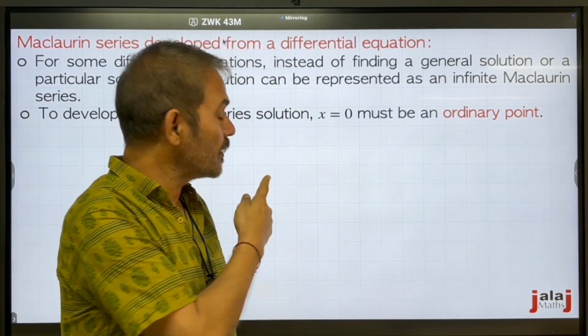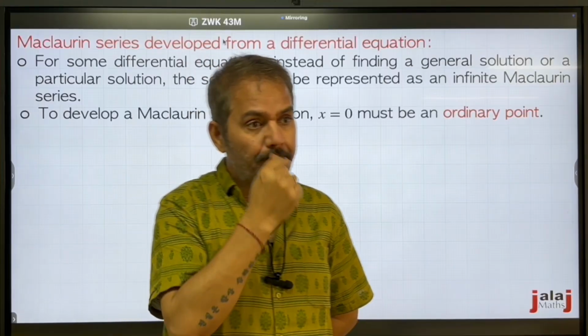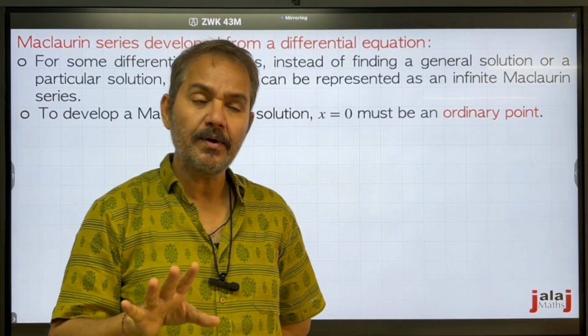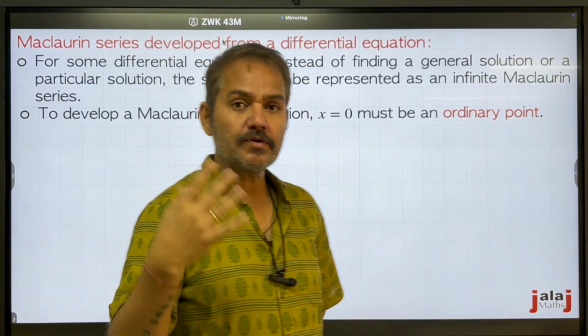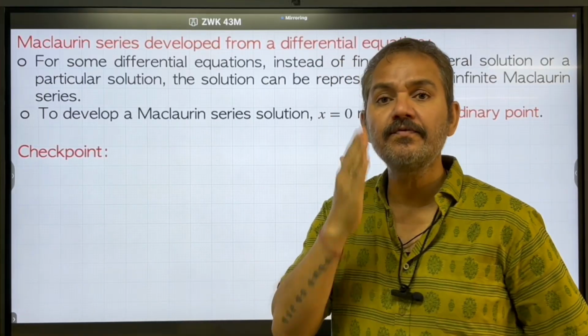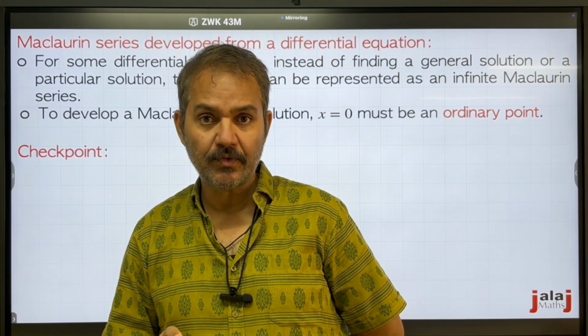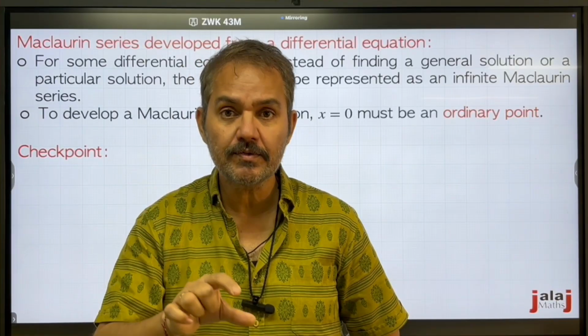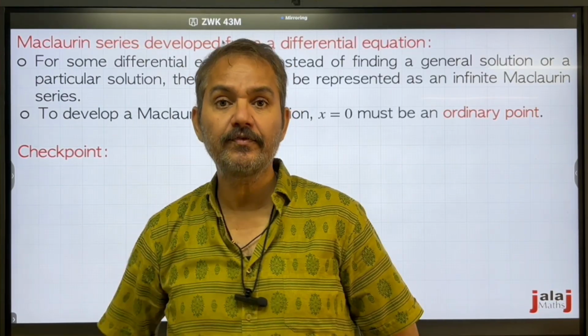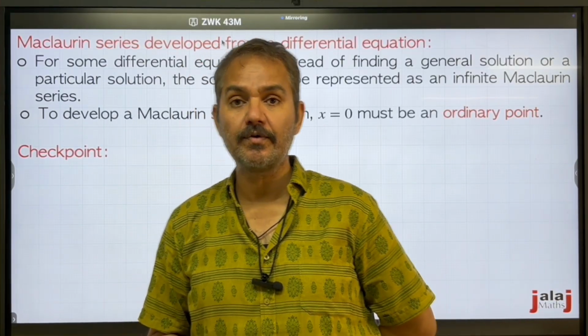Now what is an ordinary point? To make it very simple, for an ordinary point, you just check if the value of the function exists at x is equal to 0 and also the first derivative of the function exists at x is equal to 0.